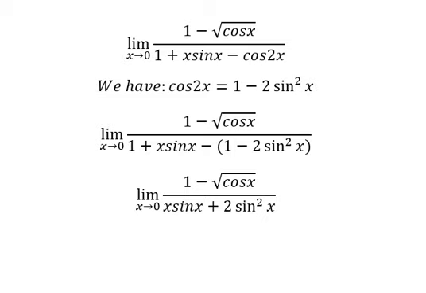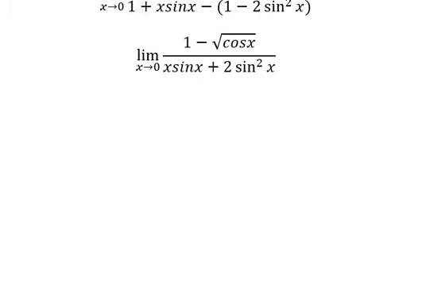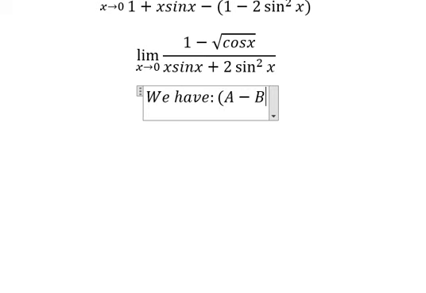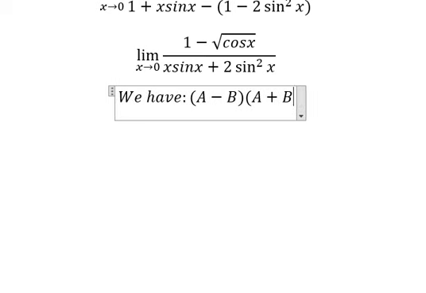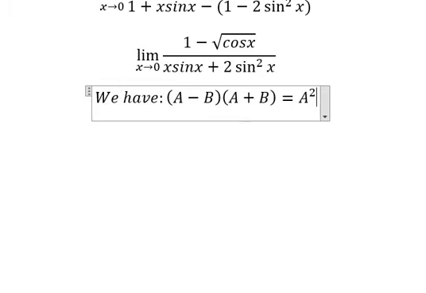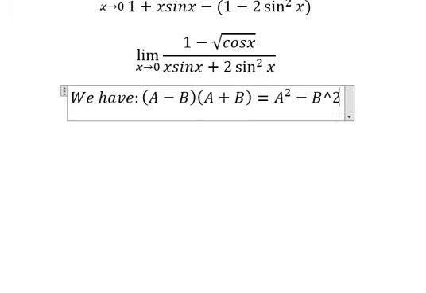Next, we have the second formula in here. That is a minus b multiplied by a plus b equals a squared minus b squared.